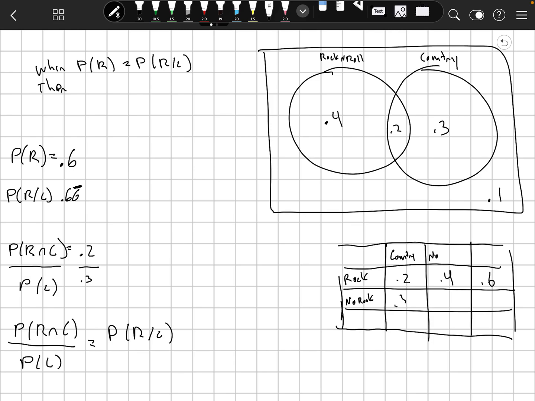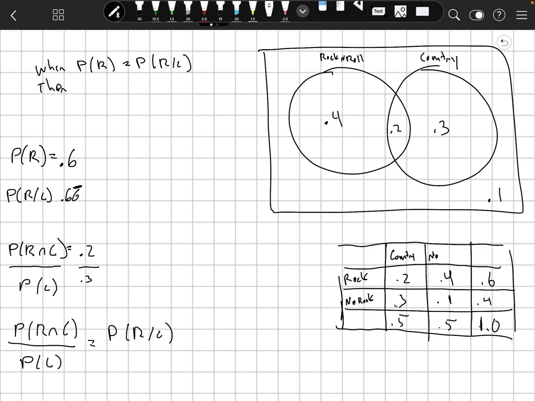And if you just like country, 30%. And if you liked neither, 10%. So let's finish the marginal frequencies here. We've got 50% here for country, and then we've got 40% here. Didn't like rock and roll, and we got 50% didn't like country, and then 100% here.